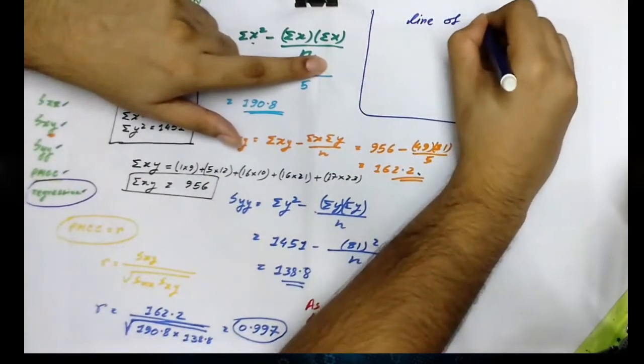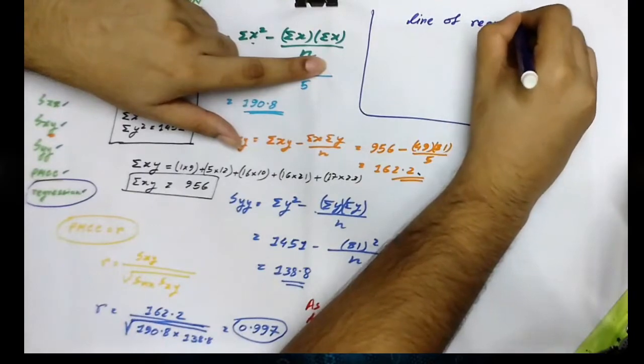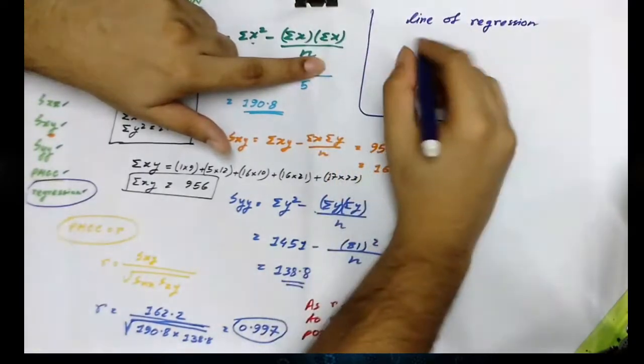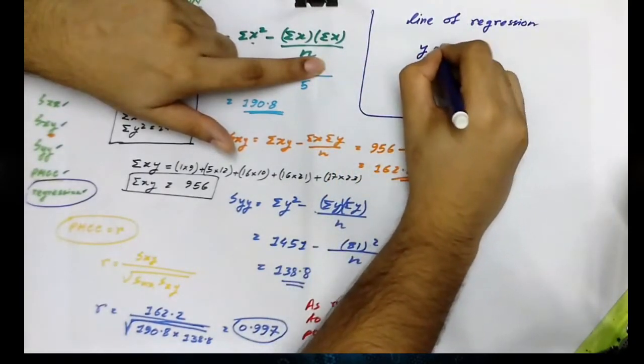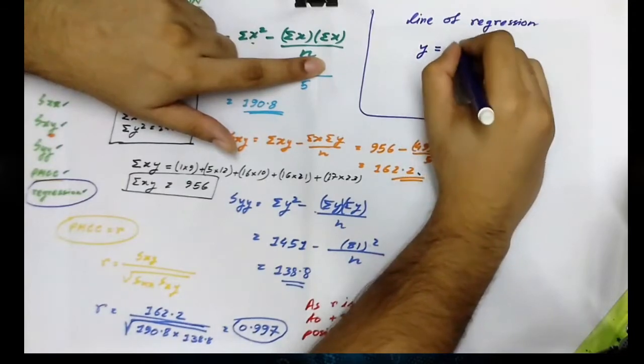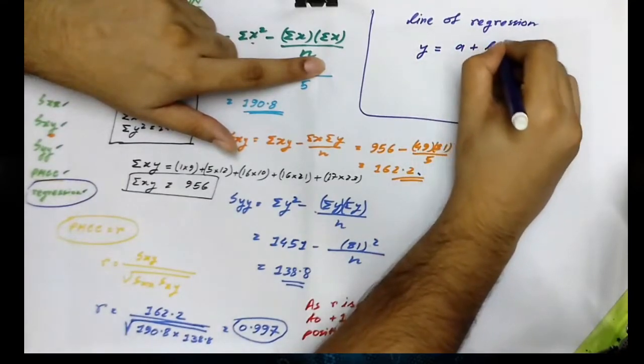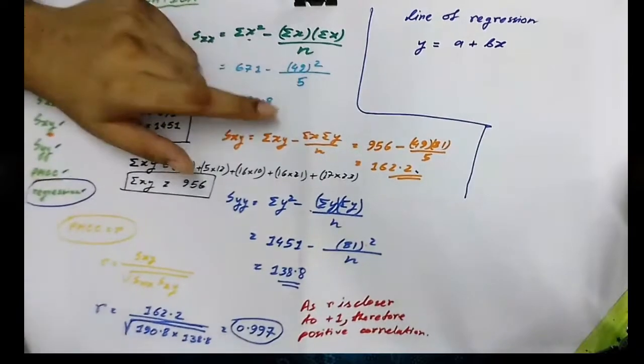Okay, so how do we perform the line of regression? It is actually one of the simplest things, but people often get confused. The simple formula is y is equal to a plus bx.